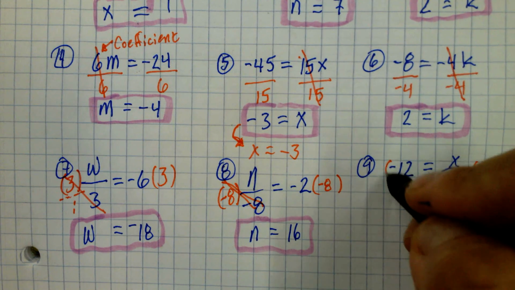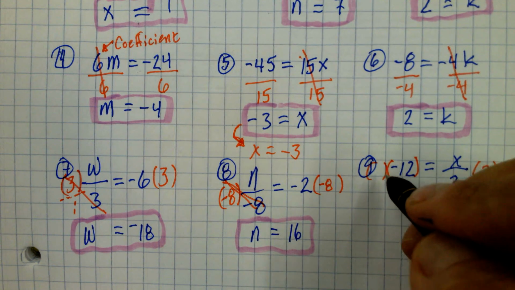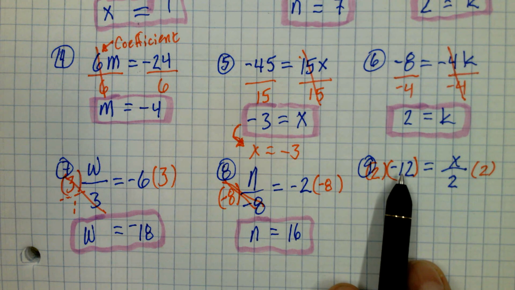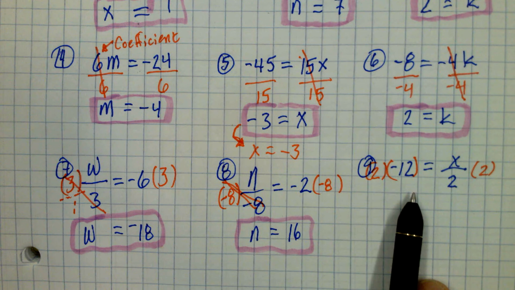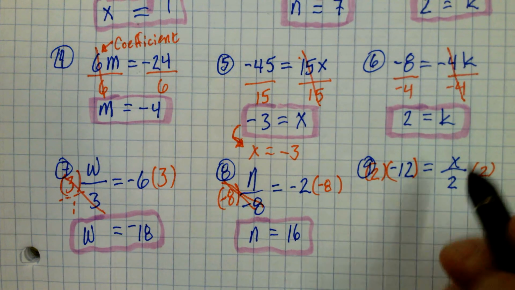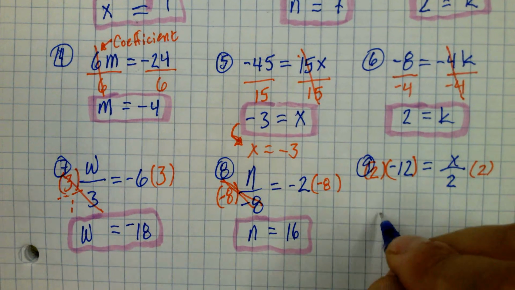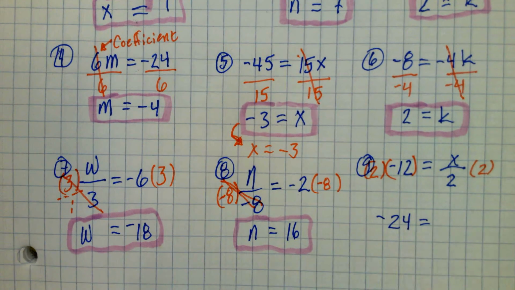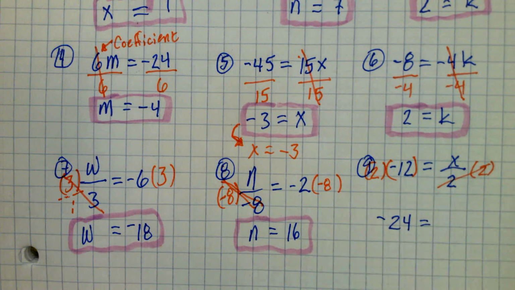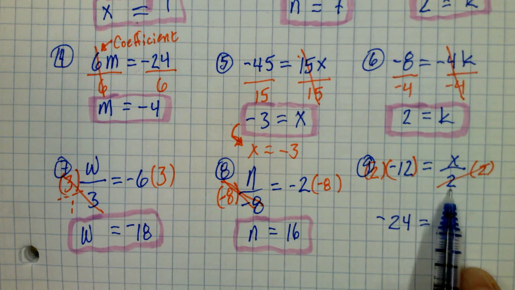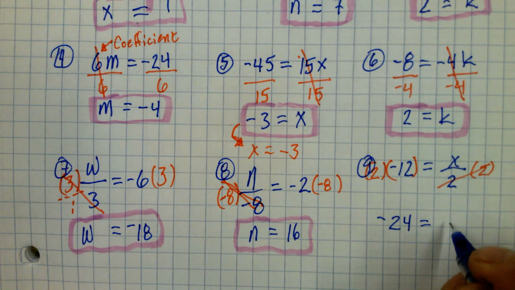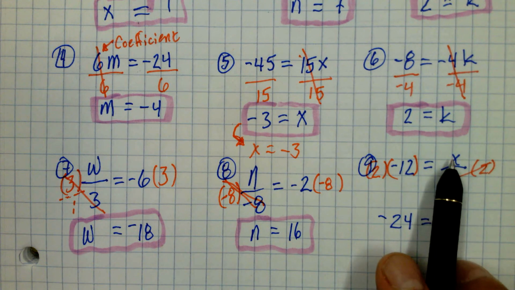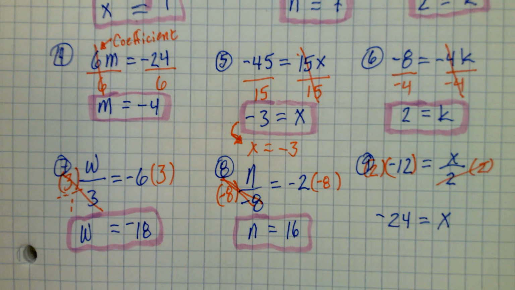Now, I'm going to put parentheses around this negative 12 and around the 2 I'm going to multiply by, because I don't want to confuse this negative with takeaway. It's 2 times negative 12. That's why I'm doing that. 2 times negative 12 is negative 24, equals, what's it equal on the other side? This 2 and the 2 in the denominator cancel. x. So the answer is negative 24. Negative 24 divided by 2 is negative 12.